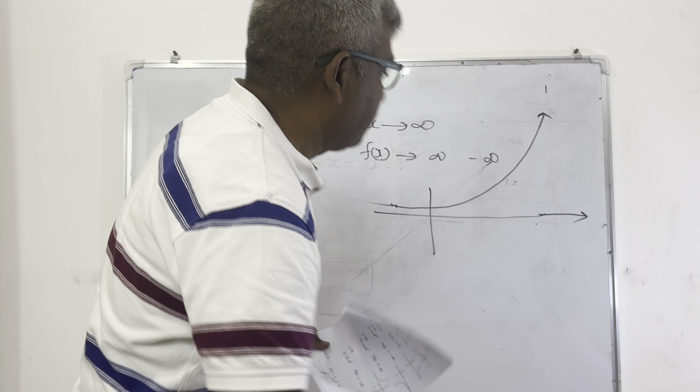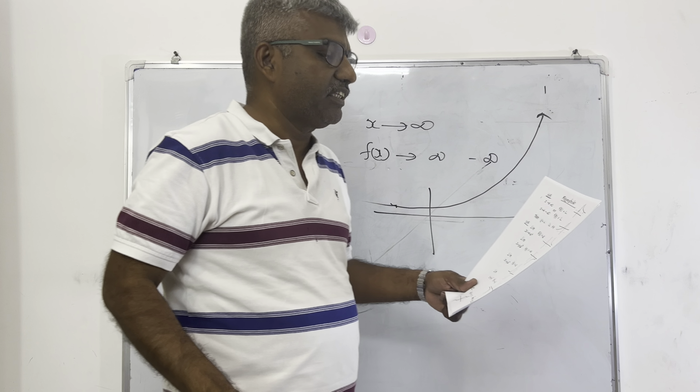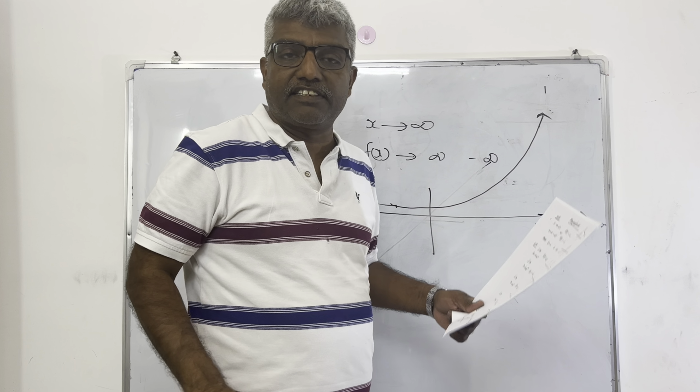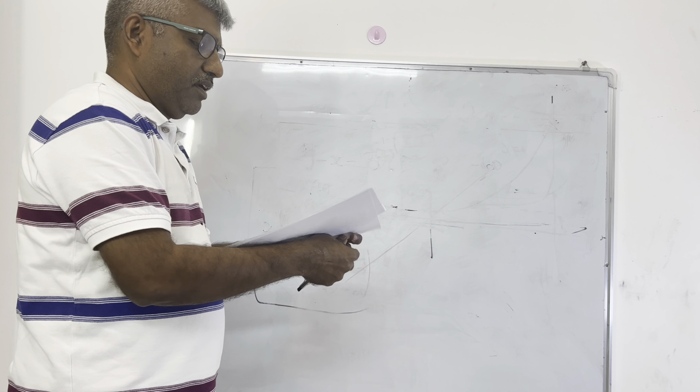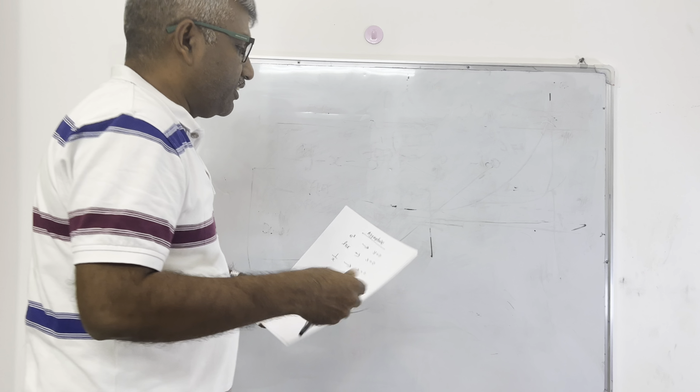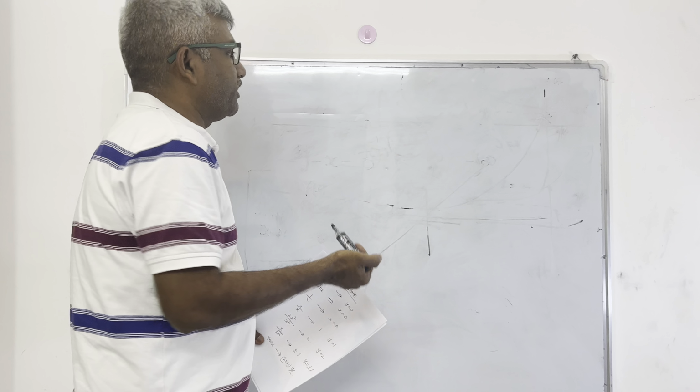Okay. Now I am going to illustrate with 10 examples. With the same examples I explained for domain, intercept and symmetry. Now we will go to the first example. Before that, note down some points. When e power x is coming, the horizontal asymptote y equal to 0 will come.